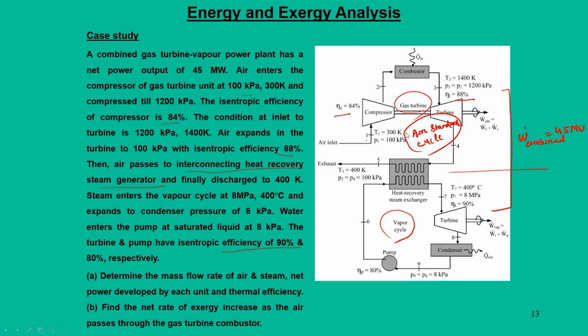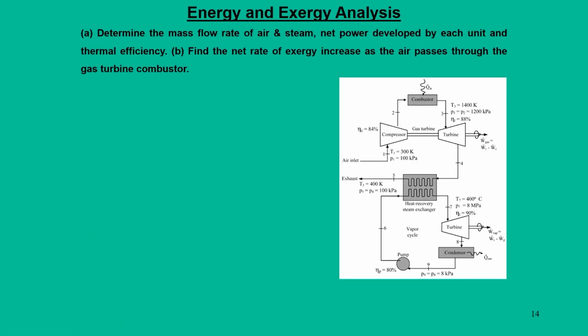Those numbers I am just noting down here to solve this problem, because we need to find out the mass flow rate of air and steam, and the net power developed, that is the first part, because when you operate in a combined mode. Second, whether that combined cycle is justified or not, we need to perform the exergy analysis, and the exergy that comes into the system is through the combustor. Exergy entry to the combined system is through the combustor, but exergy is lost in the condenser, in the exhaust and other units.